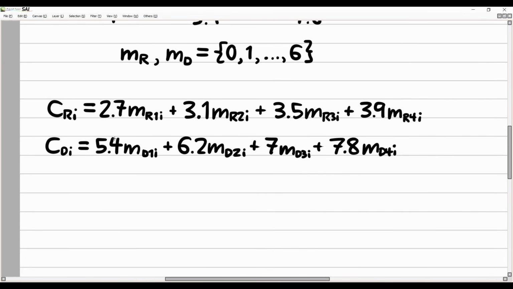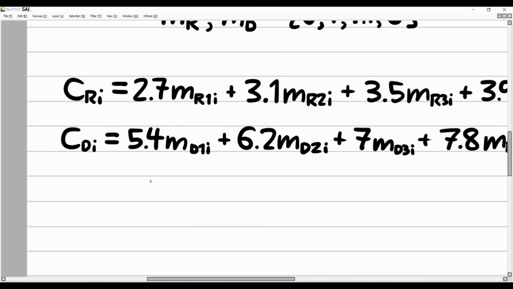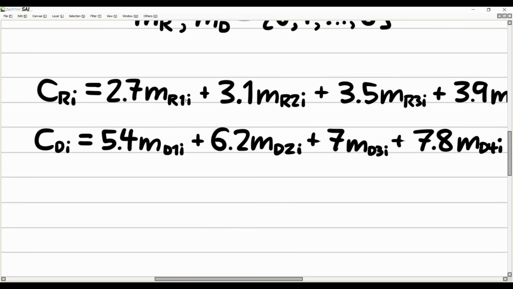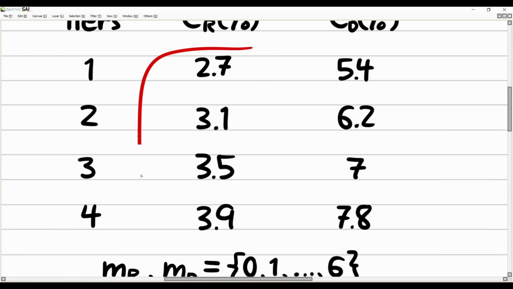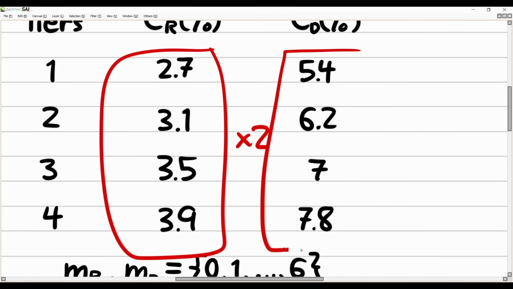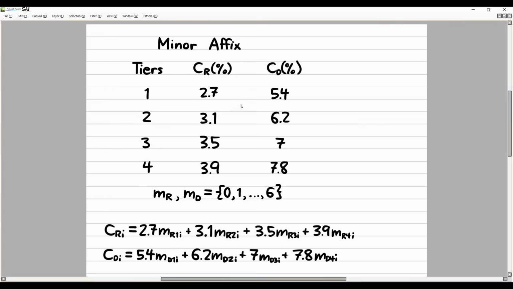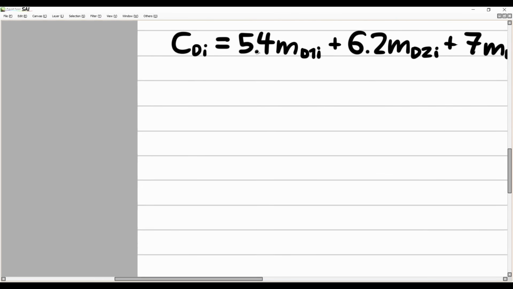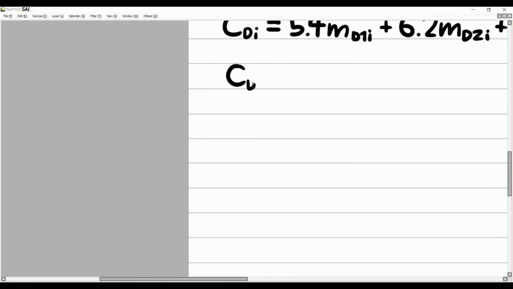Now, if you're wondering why I chose to arrange them in this way, if we take every single possible value here and multiply them by 2, you will get these values. And that's really cool, because that essentially allows us to do this.